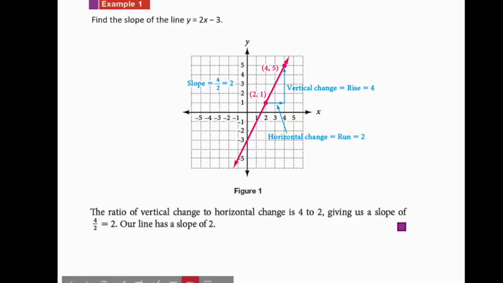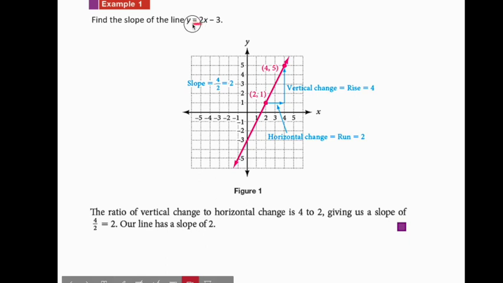So now we're going to look at the first example, and it says find the slope of the line y equals 2x plus 3. There are a couple of different ways that you can identify the slope of a line. You can identify it from the equation of a line in a form called slope-intercept form. The m, or the slope, is the coefficient of the x.